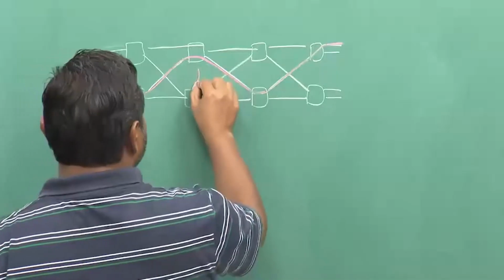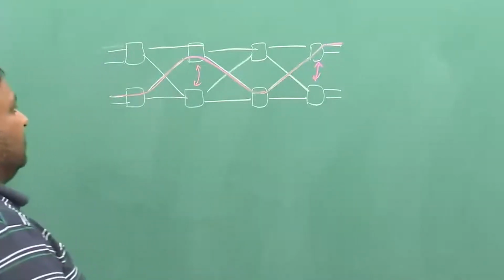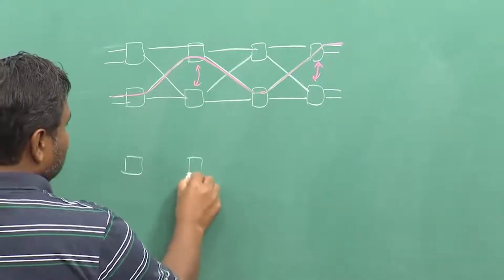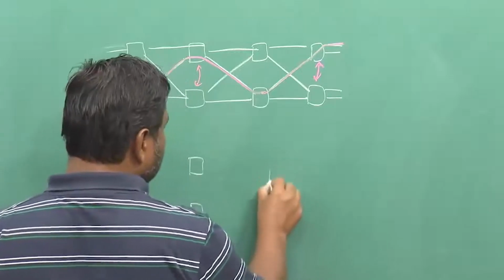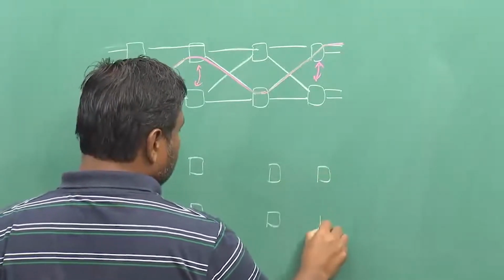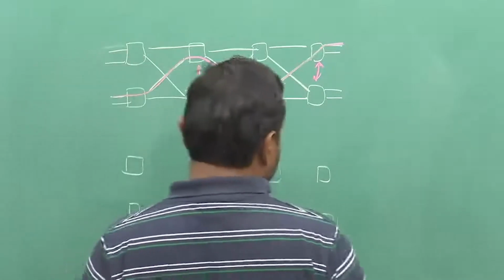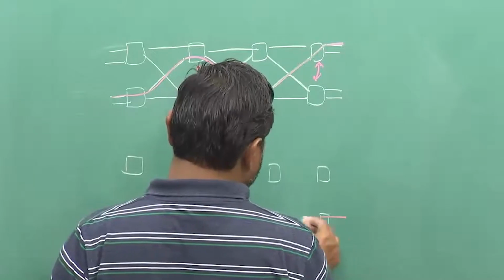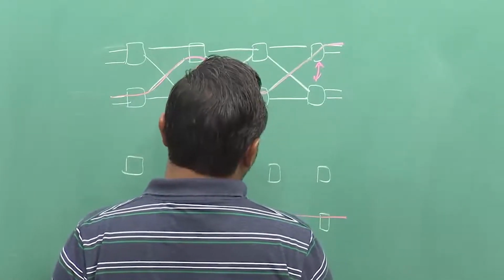So, I have to essentially swap this and this. Okay. Once you do that, you will end up in a configuration which is like this. So, you will have the top coming to this top one.